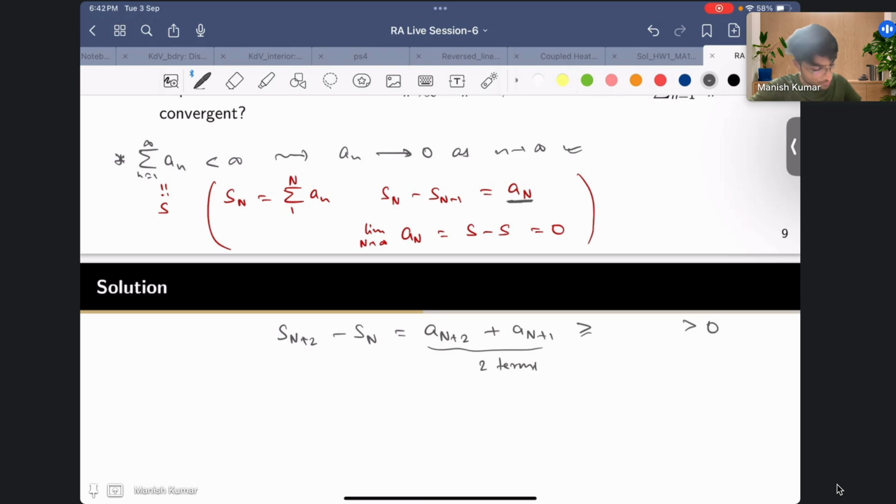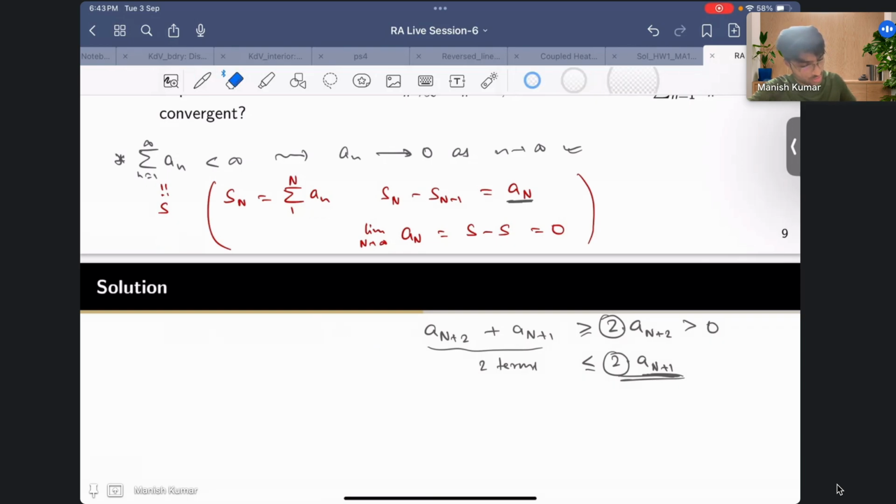If it is decreasing, then I can write this is at least 2 times an plus 2, because an plus 1 is greater than an plus 2, right? This is how we define decreasing. Or if you want an upper bound, you can write 2 times an plus 1. So this kind of bound we have. Here I am getting 2 and this is an kind of thing, right? So this motivates us to write it in this fashion. This is the idea, which is similar to the previous one.